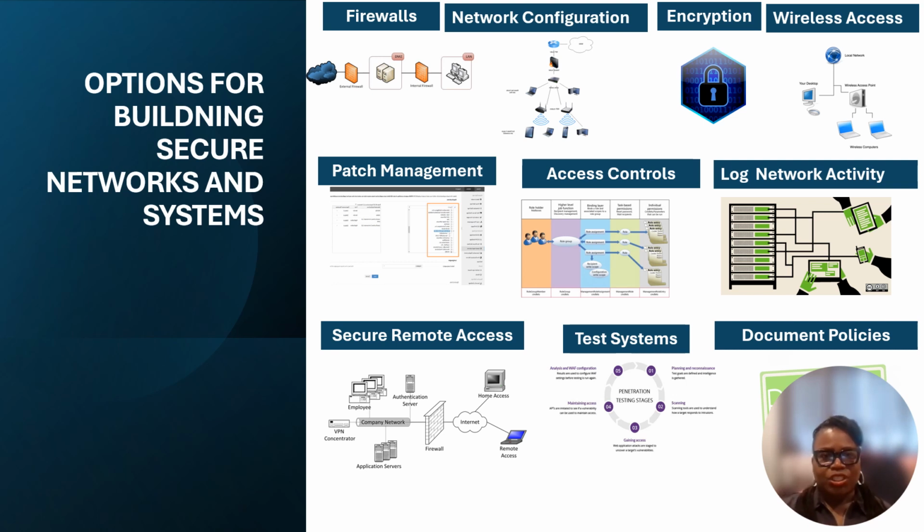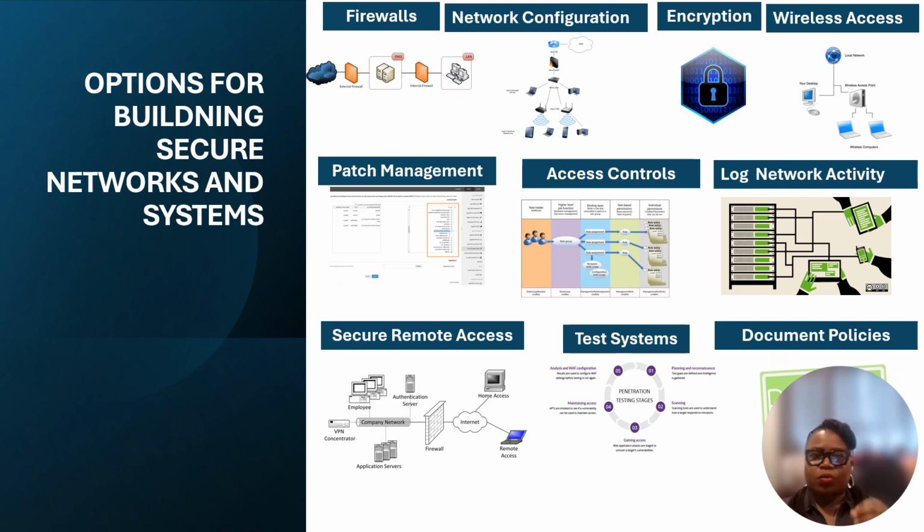The implementation of strong access controls is important for PCI DSS compliance. And with this, controlled access to the network resources and cardholder data is established based on the principle of least privilege.